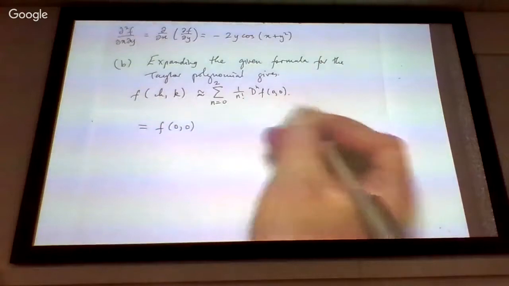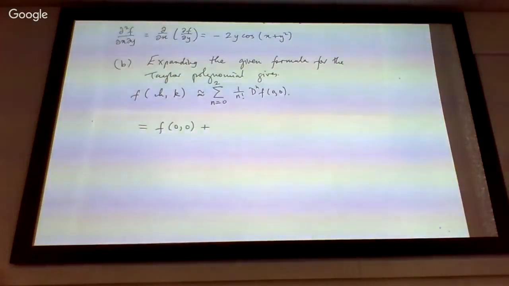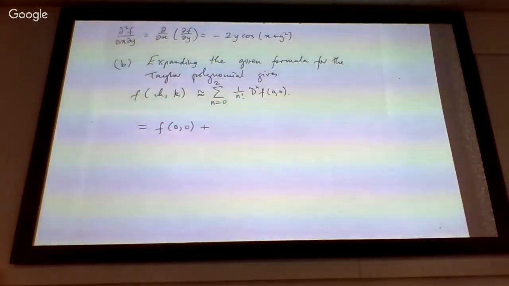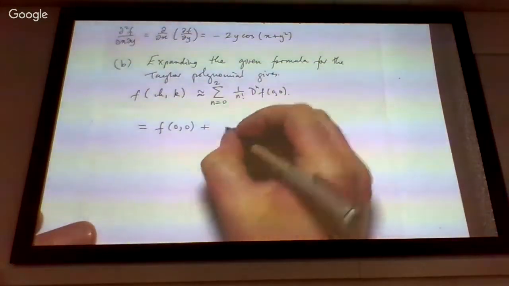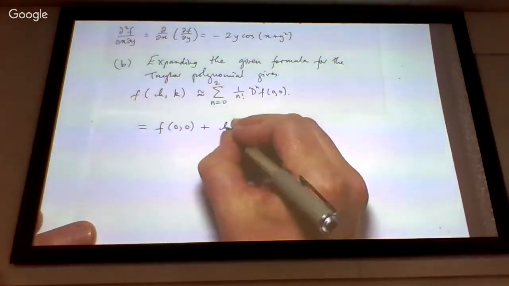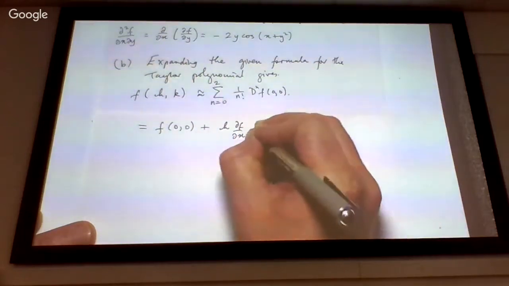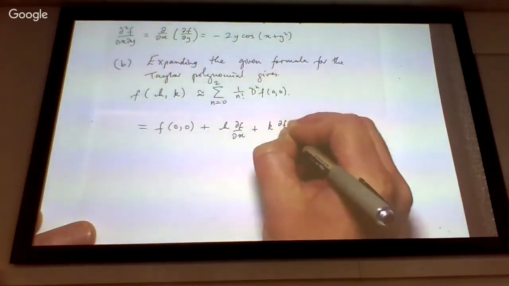And so then the n equals 1 term, just get a bit more sophisticated. So when n is equal to 1, we're talking about 1 over 1 factorial. Again, that's just 1. And then d applied to f. So that will simply be h times df dx plus k times df dy.